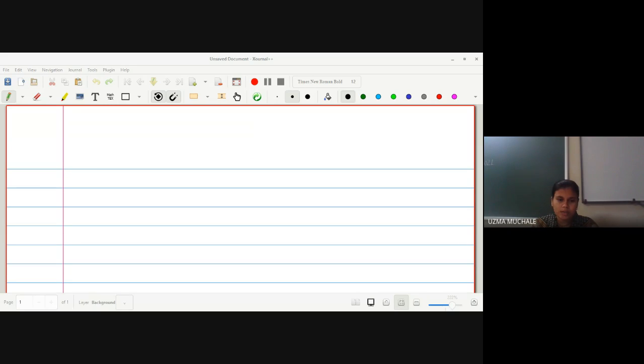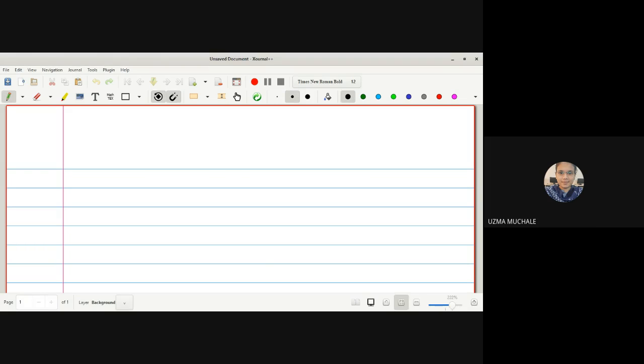Now let us go for the next point: generalized momentum and the cyclic coordinate. Already we have studied what a generalized coordinate is. Anyone can speak the definition of generalized coordinate and degrees of freedom?